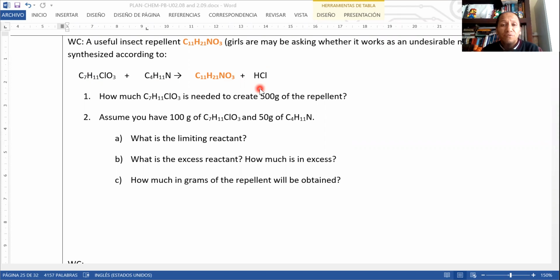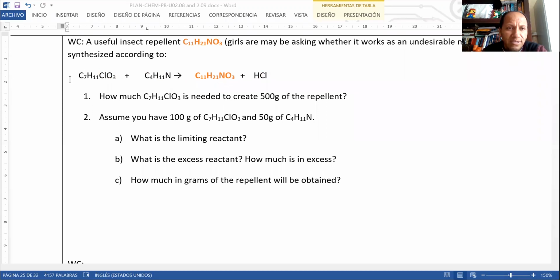Before getting started with any other calculation, we must balance the equation. Let's see how we are going to balance it. We have 7 carbons and 4 carbons, 11 carbons. 11 hydrogens plus 11, 22; 21 plus 1, 22 hydrogens are okay. 1 chlorine, 3 oxygens. So that equation is balanced.